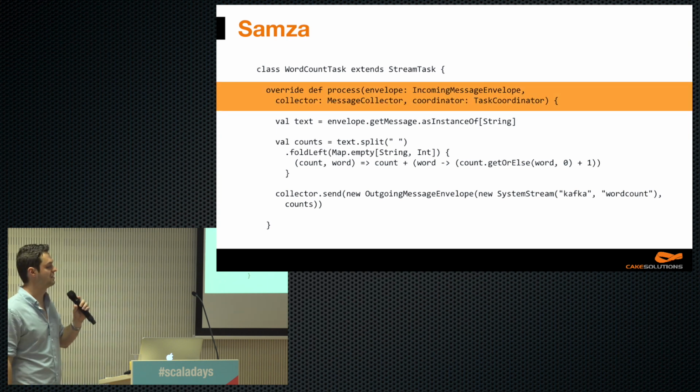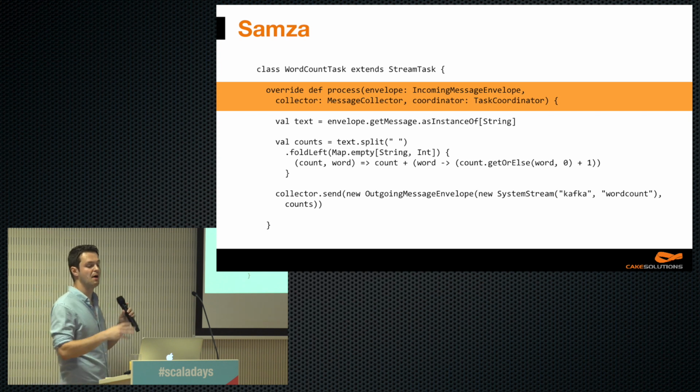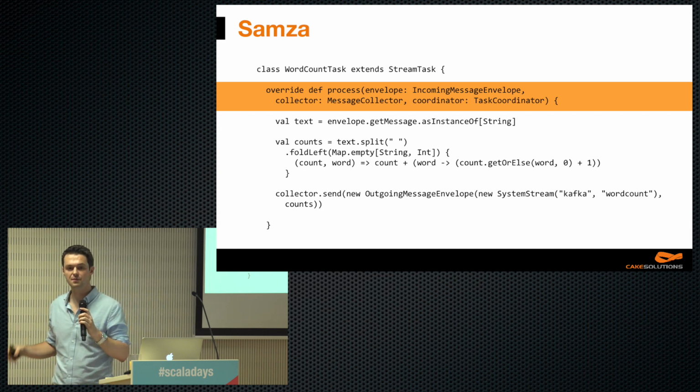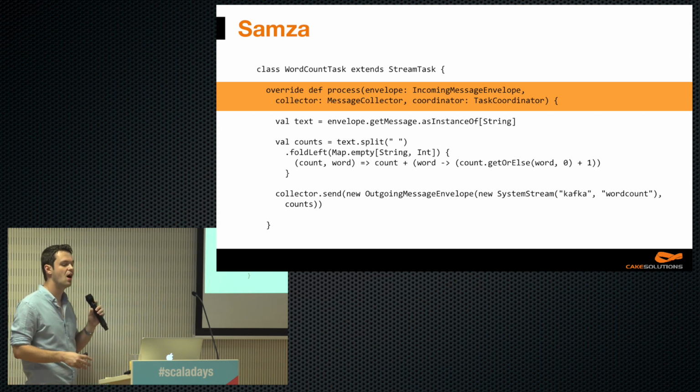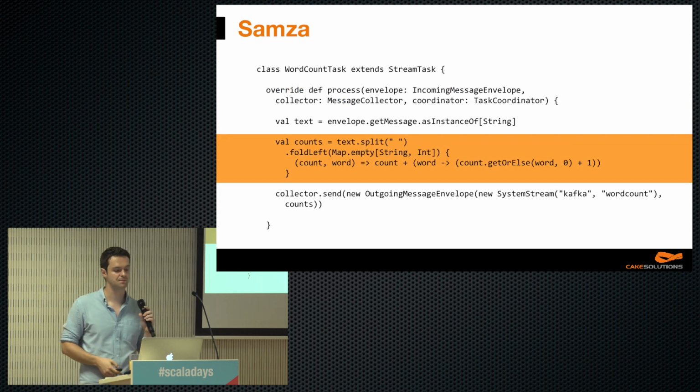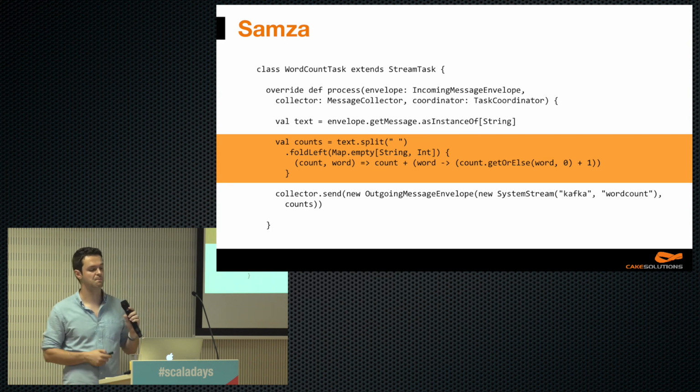In Samza, components are defined by implementing particular interfaces. In this case, it's a stream task, and I have just overridden the method process. Its parameter list contains everything needed for connecting with the rest of the system. And the computation itself is just simple Scala.